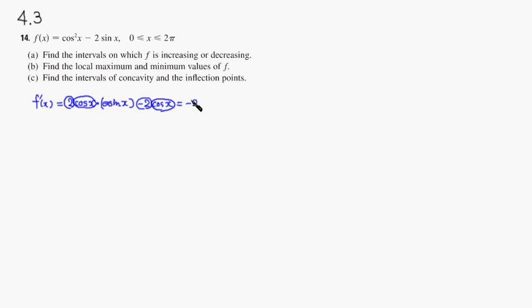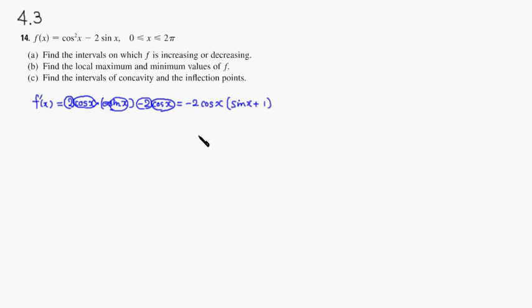So we should be able to pull out negative 2 cosine of x. What's left is sine of x from the first term, and since we pulled out the negative 2 and the cosine of x, what's left is just 1.